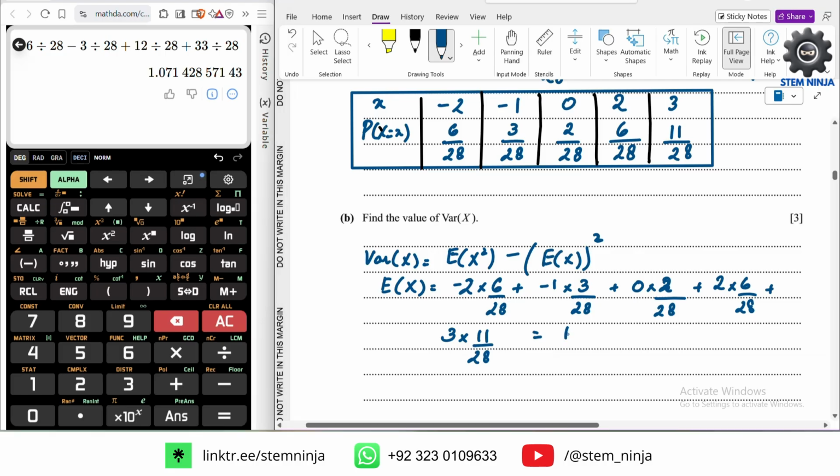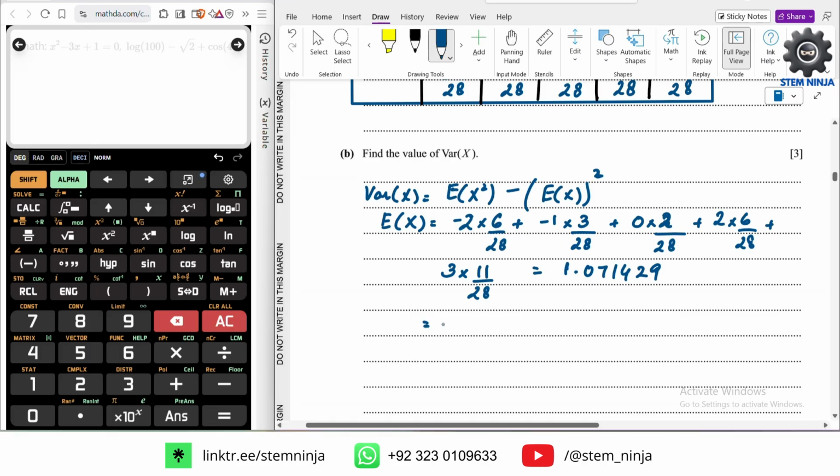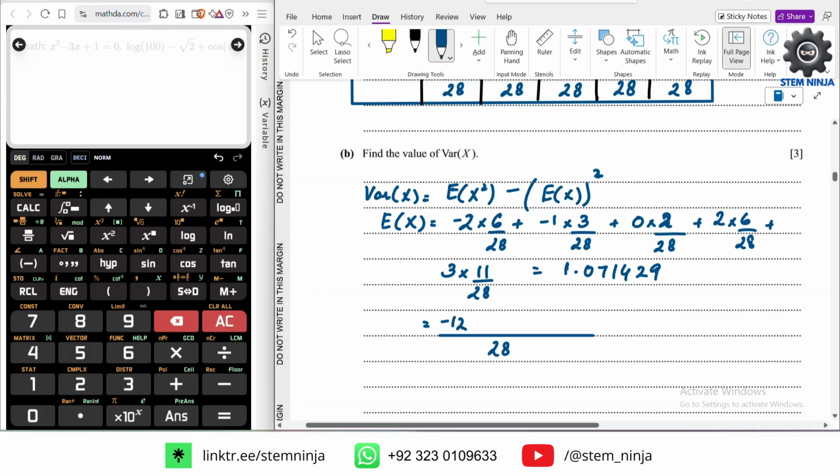So the expectation is 1.071429. This is not the final value of variance of x, so we need to retain a little bit of accuracy. You could have done additionally, just simply added them all up. So this is minus 12, minus 3, plus 0, plus 12, plus 33.